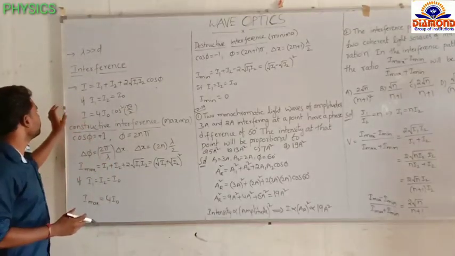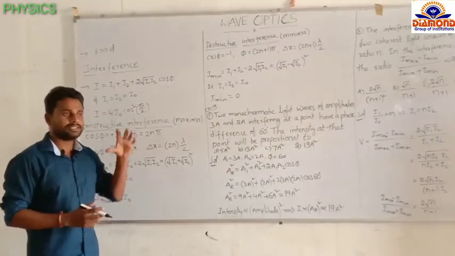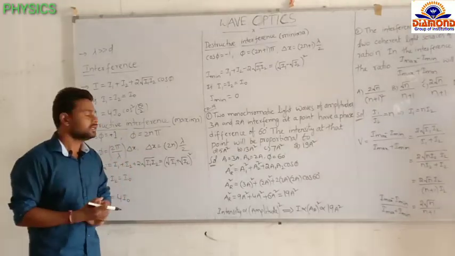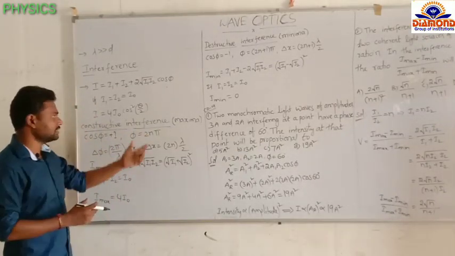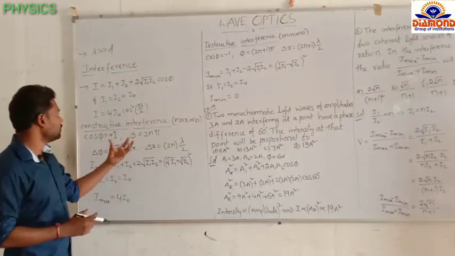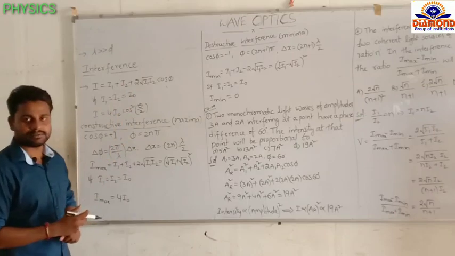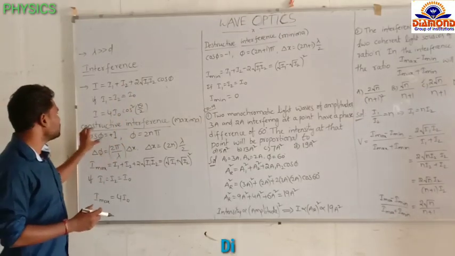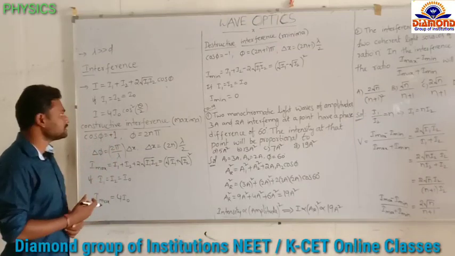In interference, sometimes we get a maximum and sometimes a minimum. The condition for the maxima is also called constructive interference. Constructive interference means the intensity is maximum.